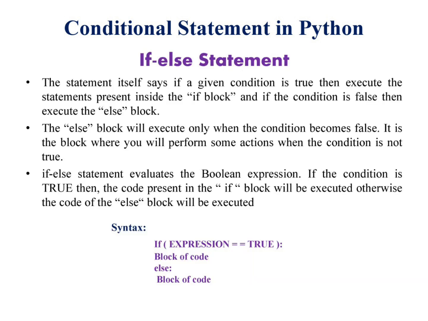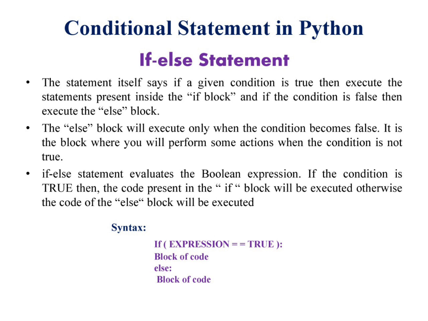The statement itself says that if a given condition is true, then it will execute the statement present inside the if block, and if the condition fails, then it will execute the else block. In this, the else block will execute only when the condition becomes false.